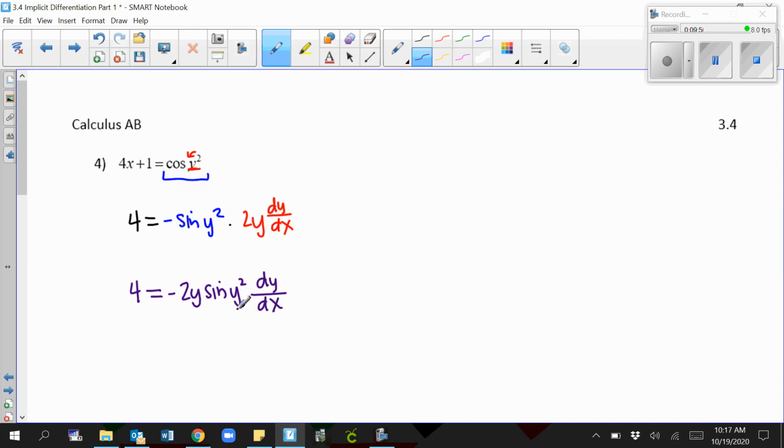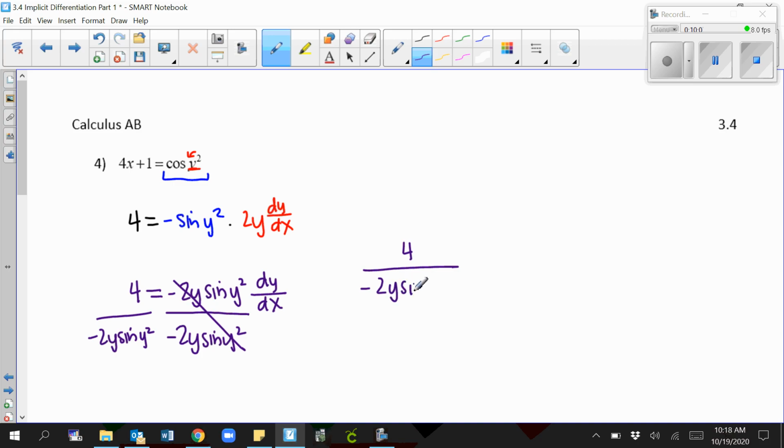And the reason I'm writing it that way is because now all I have to do is divide by that negative 2y sine of y squared. So that goes away. So I have 4 over negative 2y sine of y squared is equal to dy over dx.